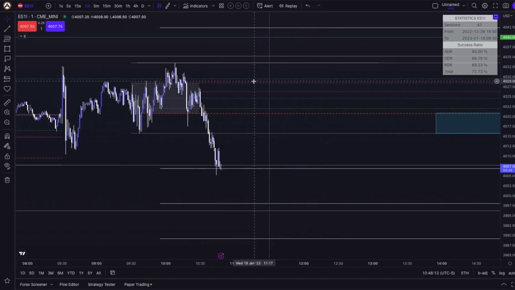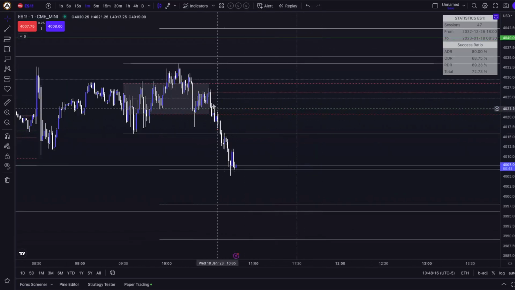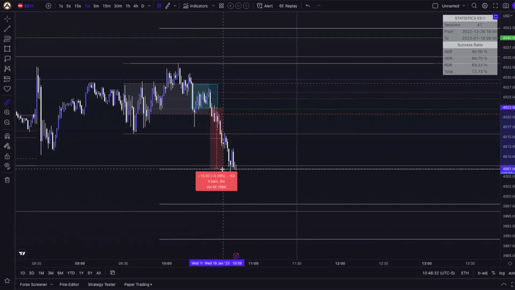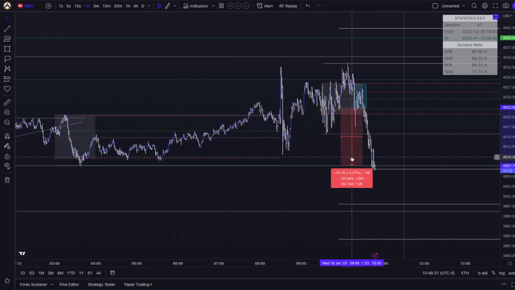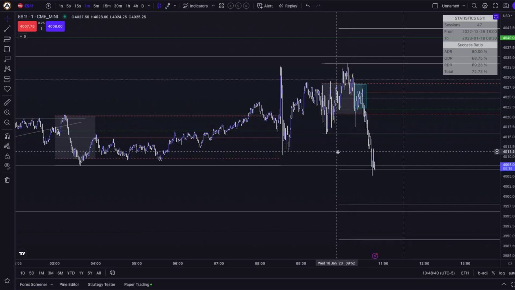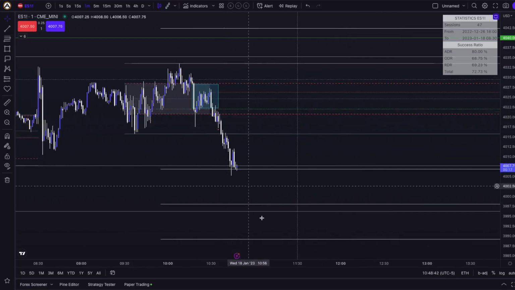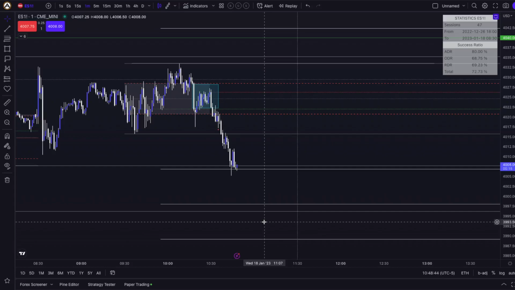If you caught that short, maybe right here, if you anticipated that short based on this rejection to the downside, this 1 minute fill of this fair value gap right here with the pretty much momentum shifting candle right here outside of this small consolidation, that would have been a nice, let's see how many ticks to our sell side liquidity right here. 60 ticks, 15 handle movement. I guess this would have been a very nice scalp here with the target to the sell side liquidity.